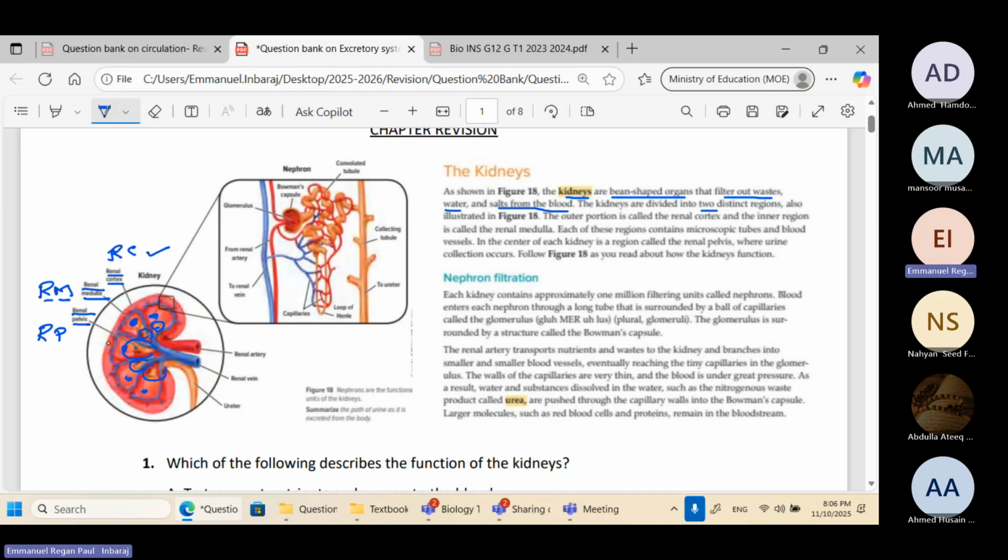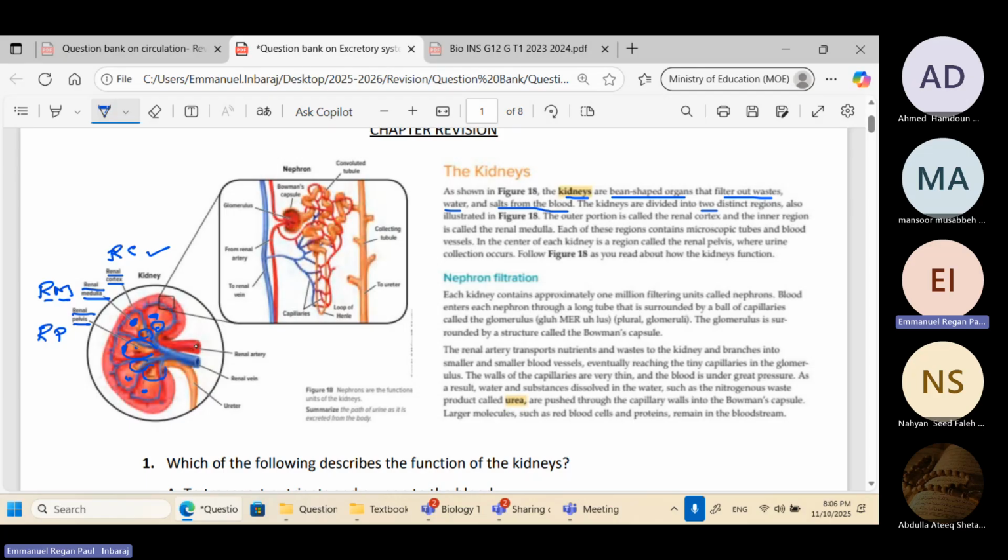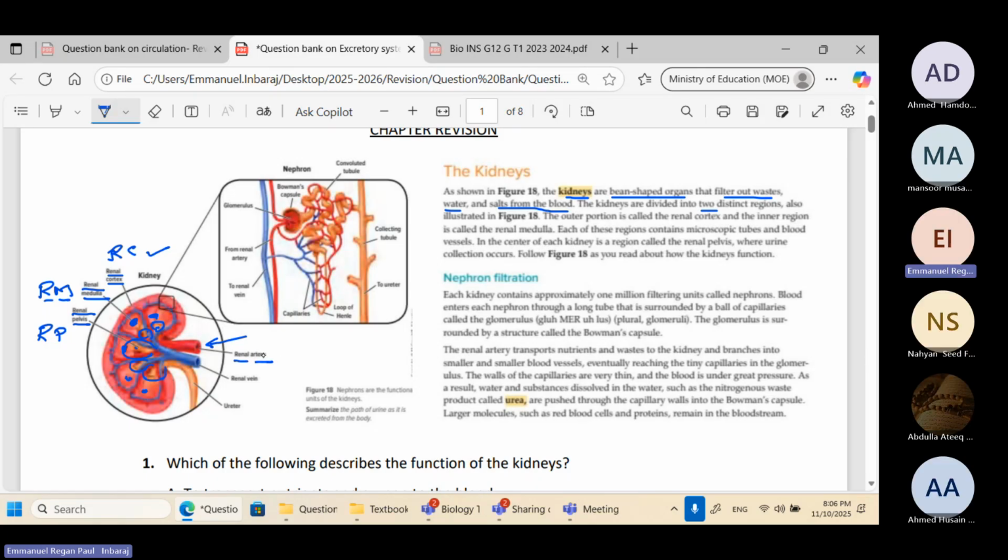Okay, then what you should learn? You should learn the blood vessel that carries blood to the kidney from the heart. This is called the renal artery. So the renal artery carries blood from the heart to the kidney. And what is this? This is the blue one. You see the blue color?